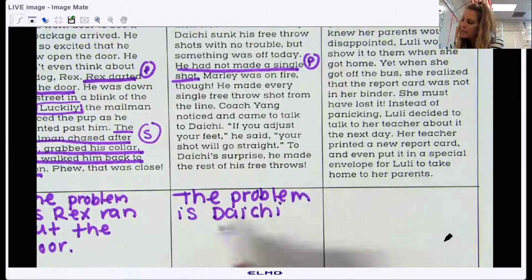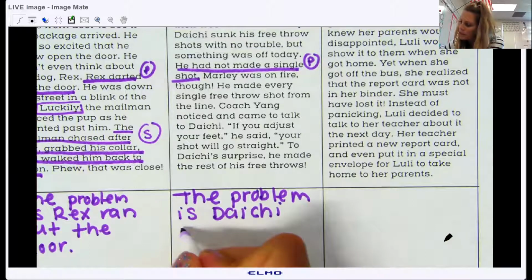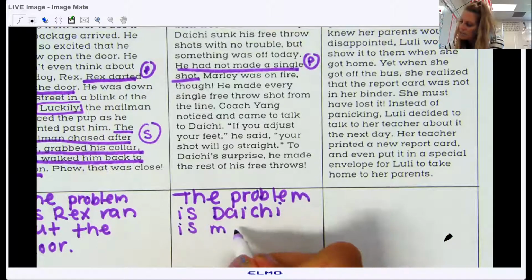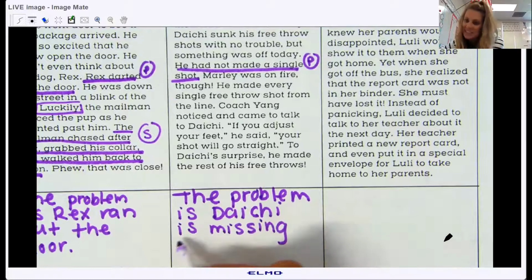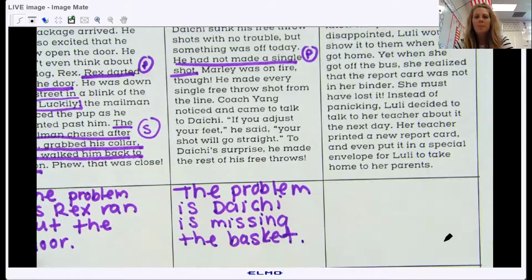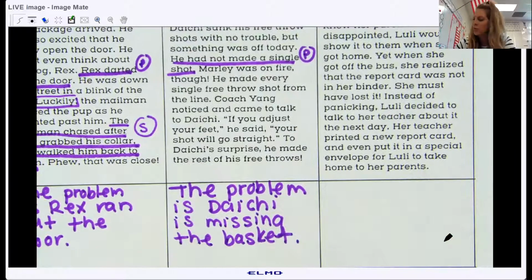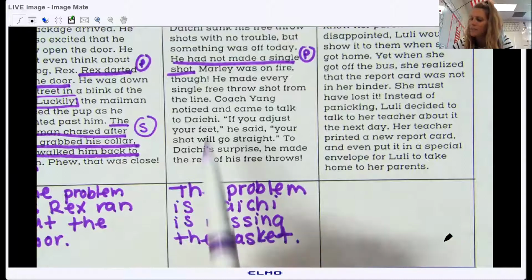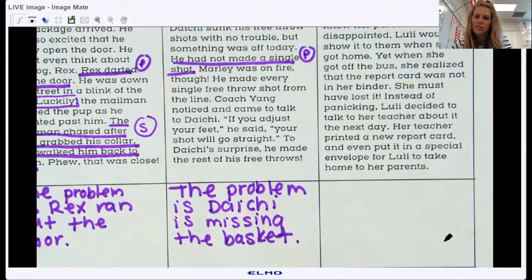So the problem is Daichi is missing the basket, we could say. He's not making any shots, or you could have just said the problem is Daichi isn't making any shots.